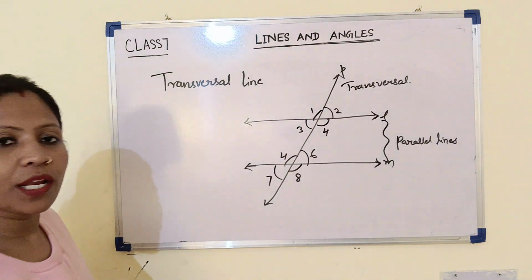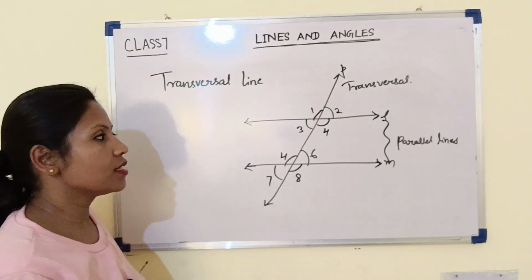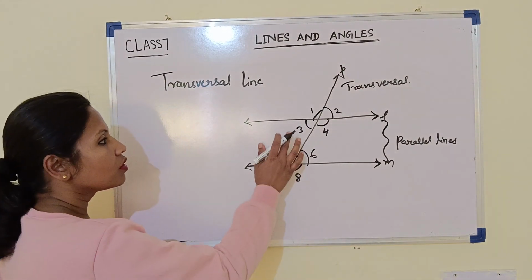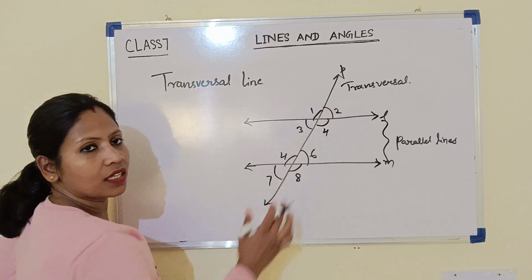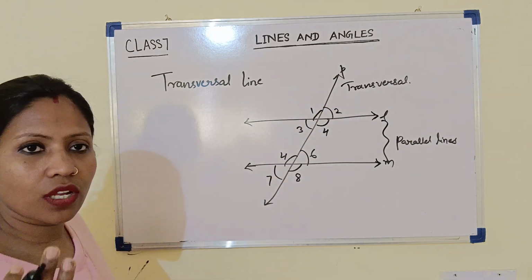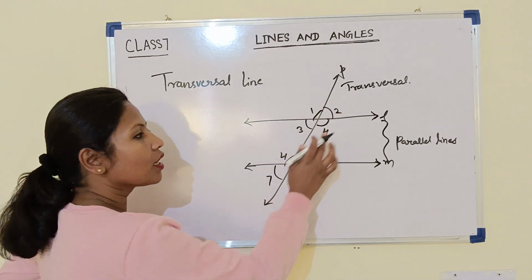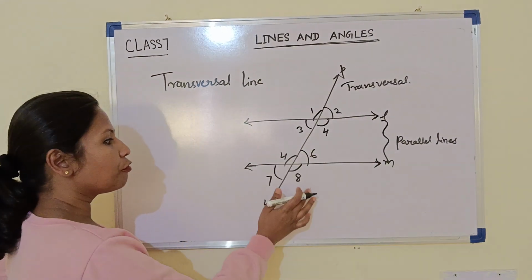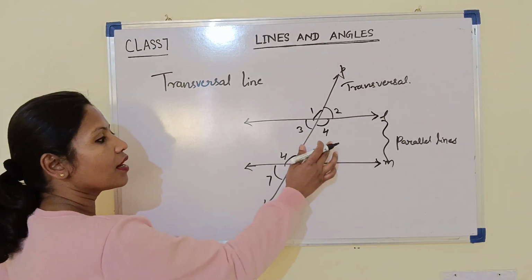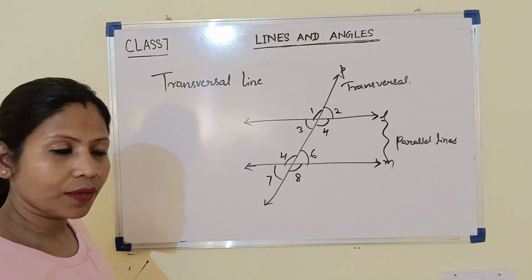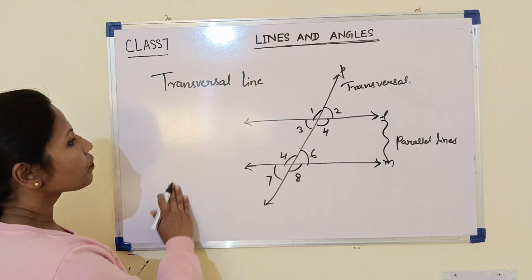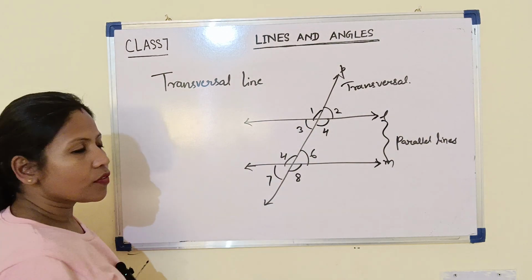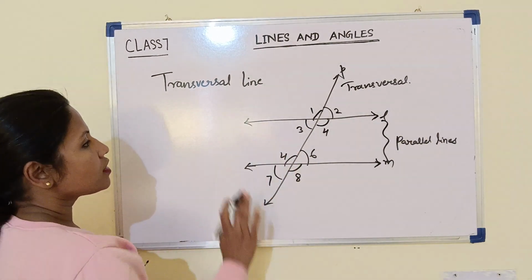So first I'll repeat the vertically opposite angle that we learned just now. Angle 2 and angle 3 are vertically opposite angles and they should be equal. Angle 1 and angle 4 are vertically opposite angles and they should be equal. Angle 4 and angle 8. Angle 7 and angle 6. Okay. So this many we understood. So this was the concept of vertically opposite angle.